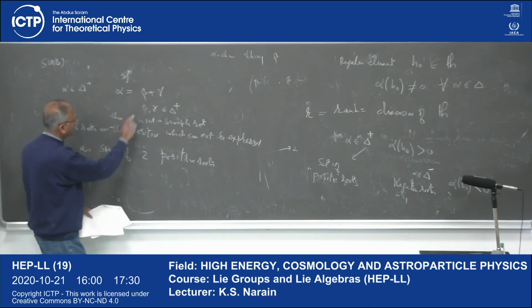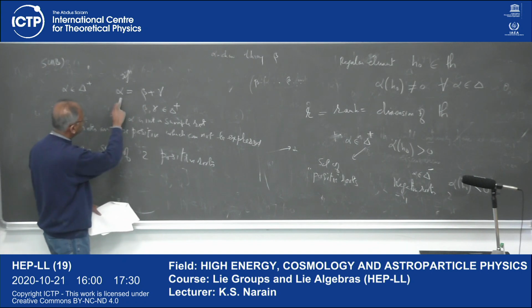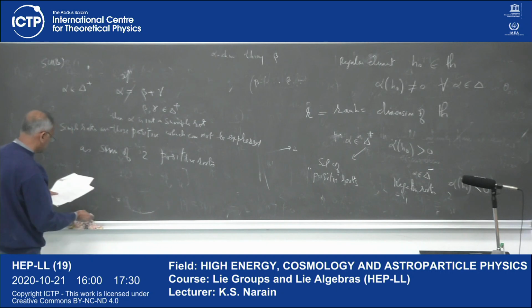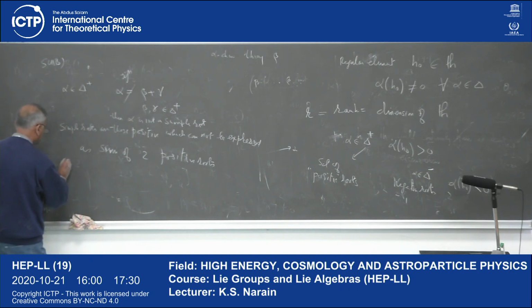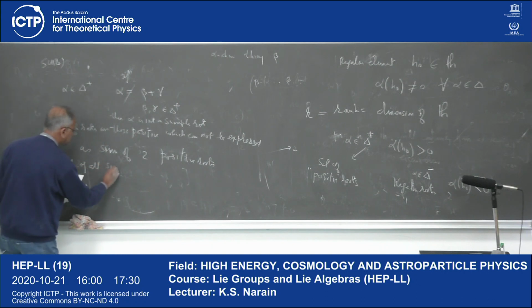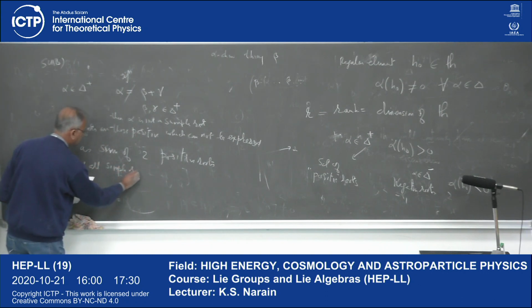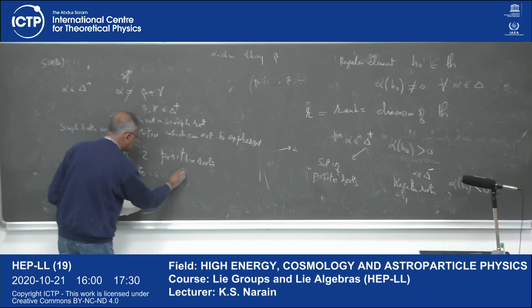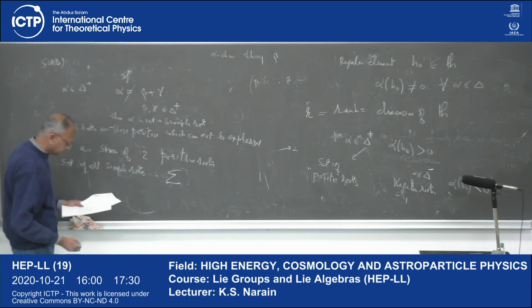In other words, if alpha is a simple root, then for no choice of beta and gamma in delta plus can alpha be expressed as beta plus gamma. So those are the simple roots. In these notes we call the set of all simple roots, denoted by capital sigma.